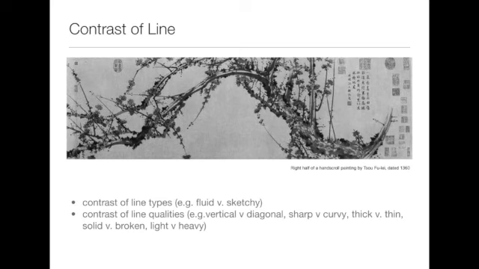We have some solid lines, some broken lines, lots of changes in direction, where fairly dominant diagonals are contrasted against some fairly strong verticals over here on the one side. And just by manipulating the different types of line that we're using, we're able to create additional interest in a piece of work.